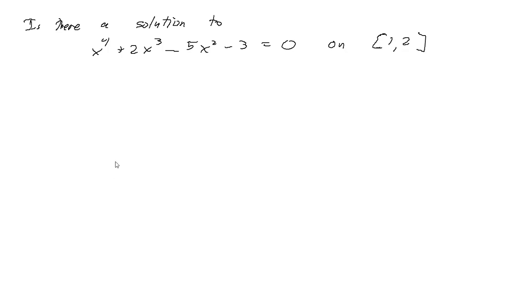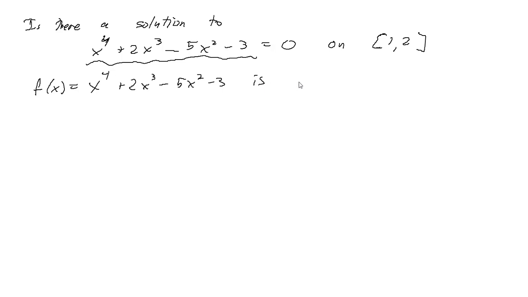Now a typical application of this theorem would be determining if you have a zero or a root of a function. So if we look at f of x equal to x to the fourth plus 2x cubed minus 5x squared minus 3, that is a polynomial.